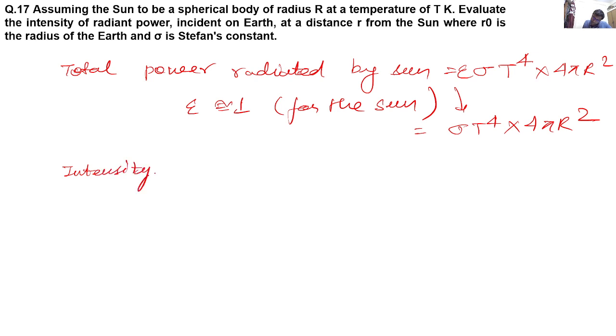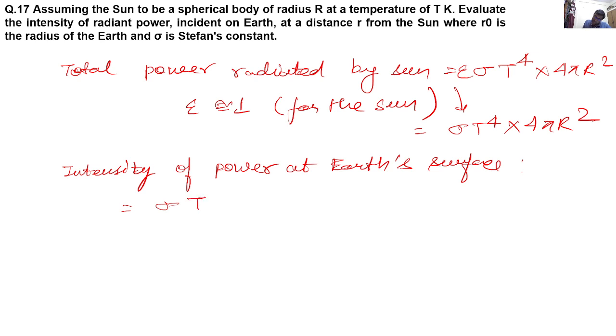So intensity of power at Earth's surface, you have to use the inverse square law. It's as simple as that. It is equal to sigma T to the power 4 into 4 pi R square by 4 pi small r square, because Earth and Sun are at a distance of small r.